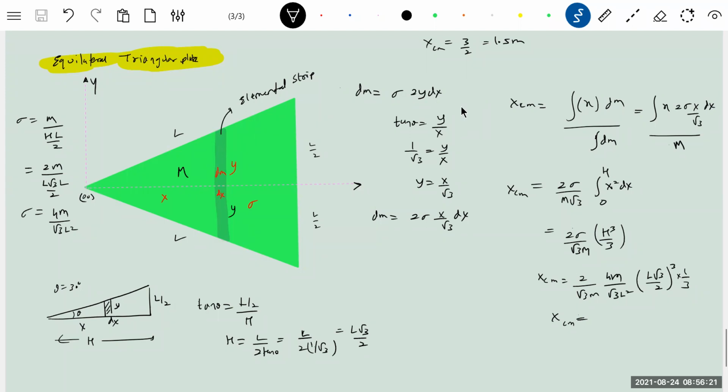Root 3 L by 3? Check once. L by root 3. Let me check my calculation.